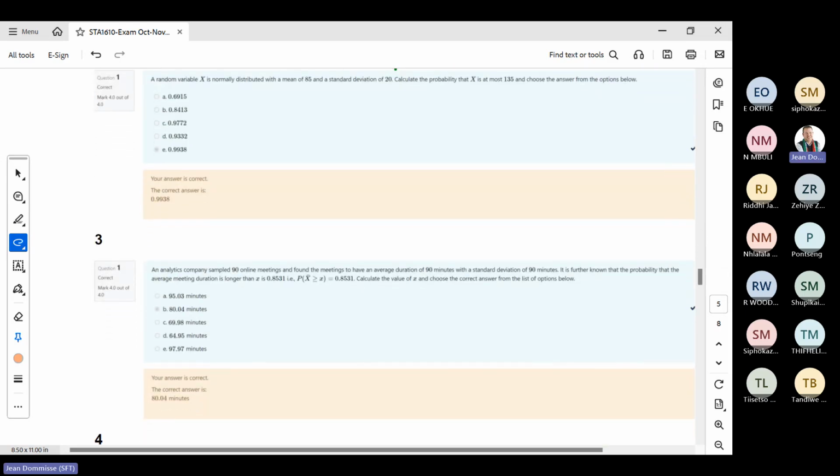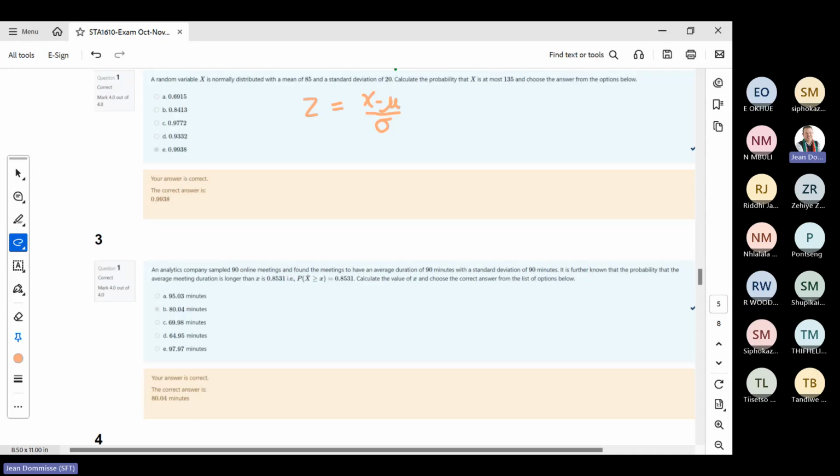Then the next one is when you start using the formula, where you need to use Z equals X minus the mean, divided by the standard deviation. That is normally how they go to the next question.